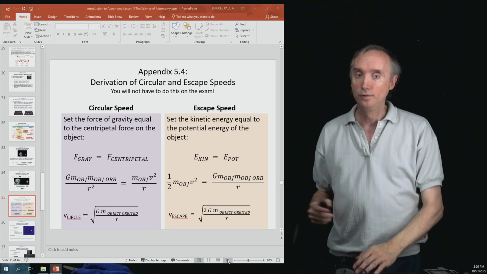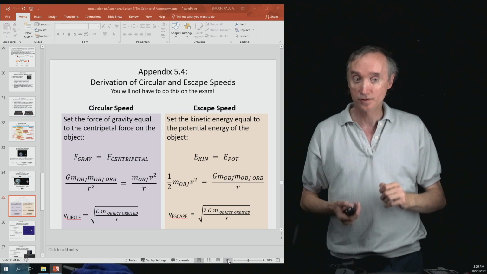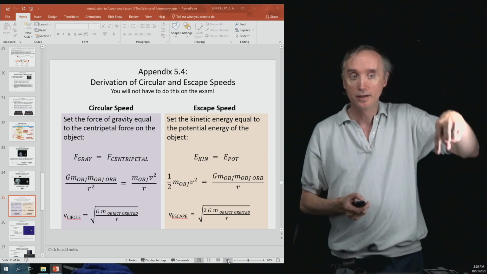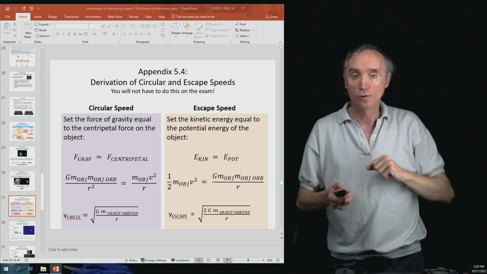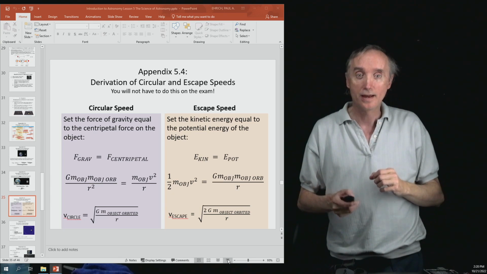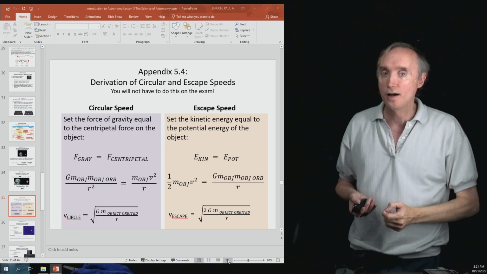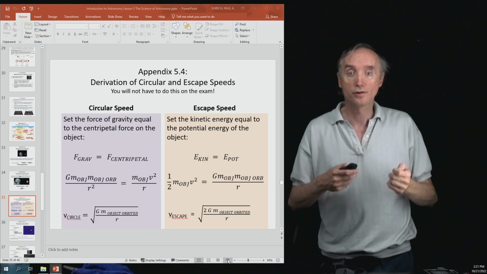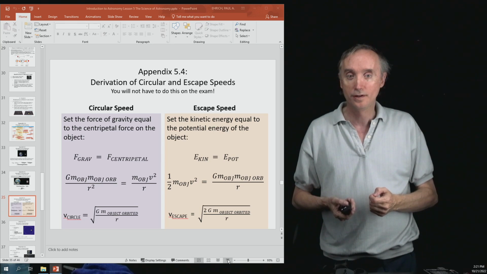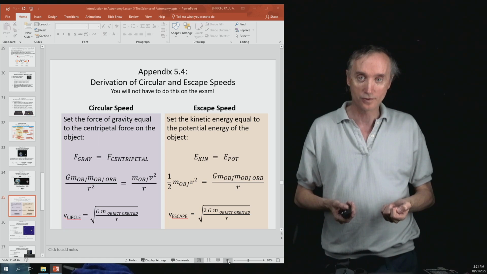Okay, another one was, do you remember that I talked about circular speed? The speed something has to have in order to go in a circular orbit around an object, and then there was the escape speed. So the way that we derive the circular speed is we set the gravitational force equal to another force called the centripetal force.